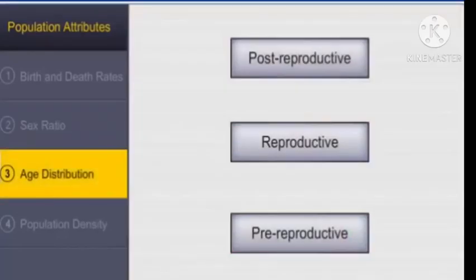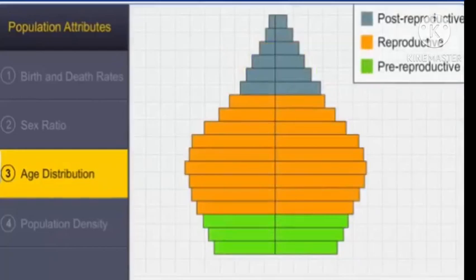Moreover, at any point in time, this population consists of individuals who may belong to pre-reproductive, reproductive, and post-reproductive age groups. A graphical representation of the various age groups is known as the age pyramid.